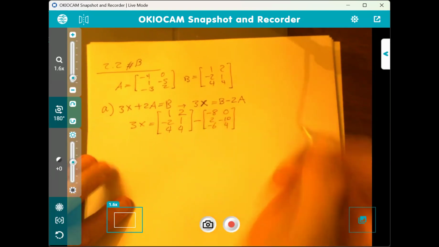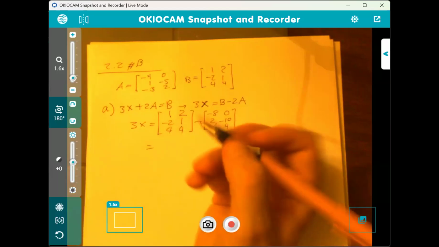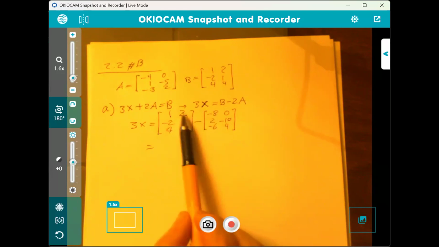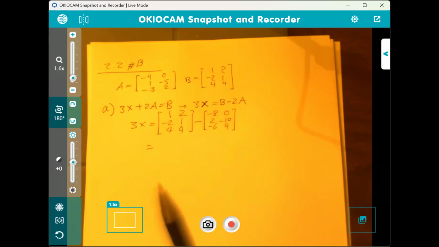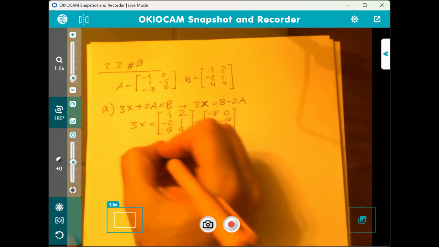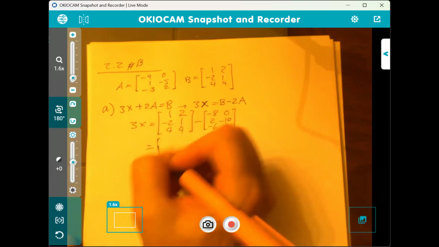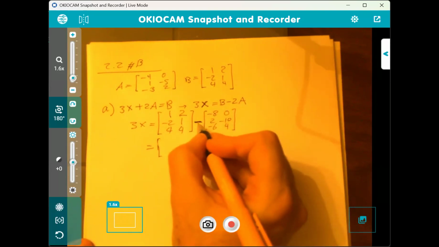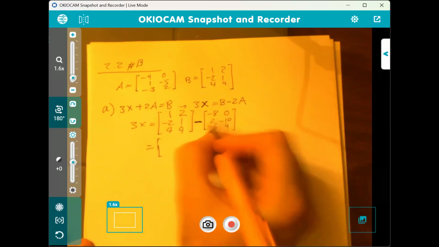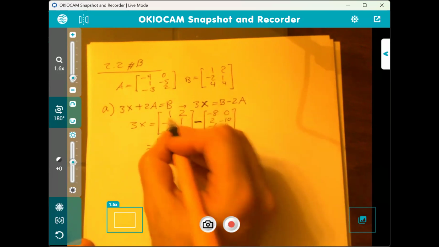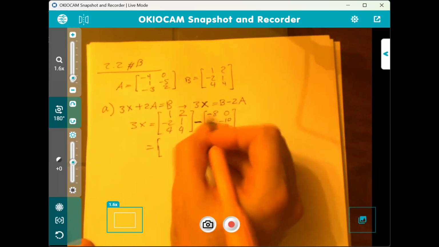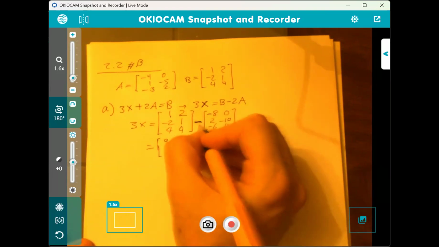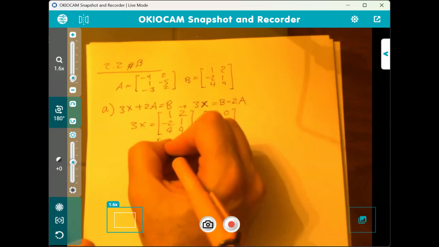Now remember, to add and subtract matrices, we add or subtract elements in the corresponding positions. So when we do that, what are we going to get? We need to mind that negative on the outside, which distributes to every element of this matrix. So to subtract negative 8, I'm going to add 8 to 1, so this one's going to be 9. 2 minus 0 is 2.